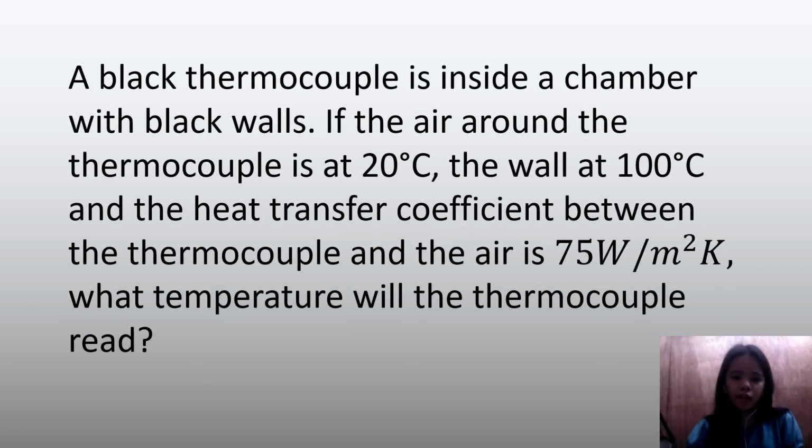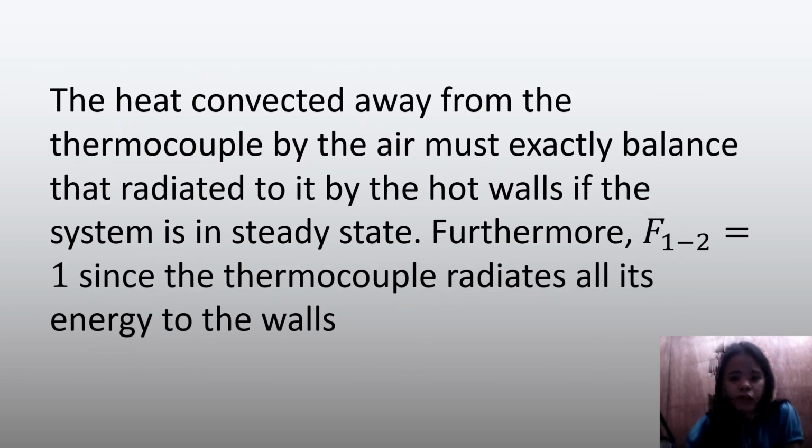So this is an example. A black thermocouple is inside a chamber with a black wall. If the air around is at 20 degrees Celsius, the wall is at 100 degrees Celsius, and the heat transfer coefficient between the thermocouple and the air is 75 W per m squared K, what will the thermocouple read?